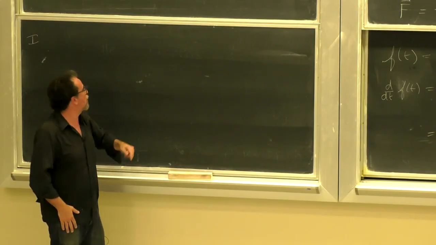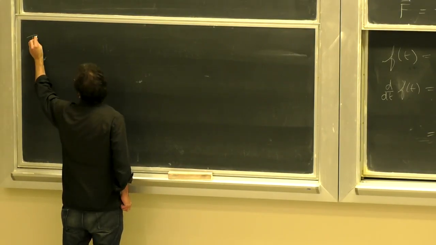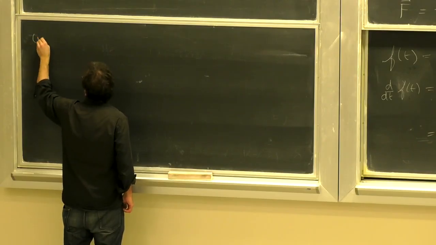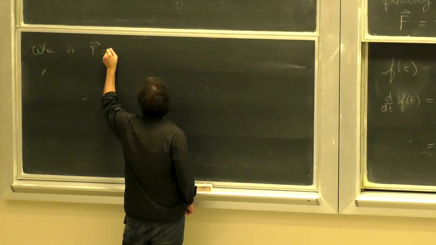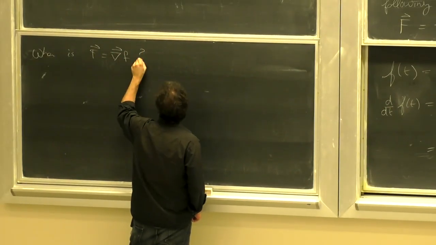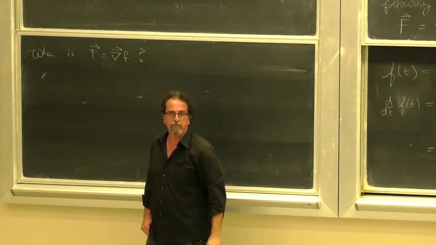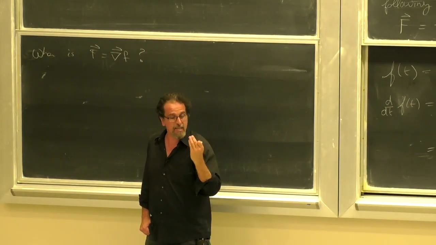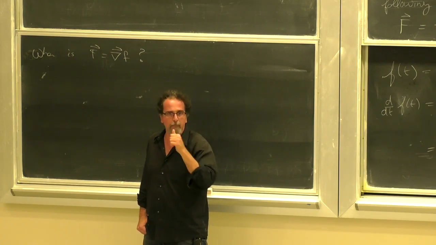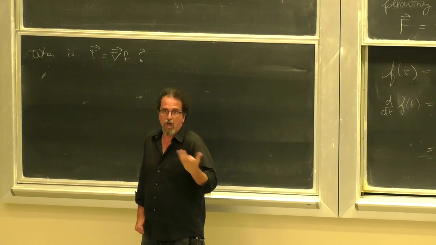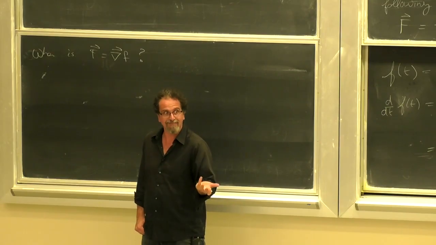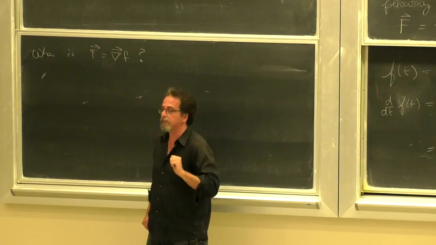So the question is, when is capital F equal to the gradient of little f? So that is to say, if you are confronted with a capital F, how do you know, or know not, that it is the gradient of a function? How do we know that?